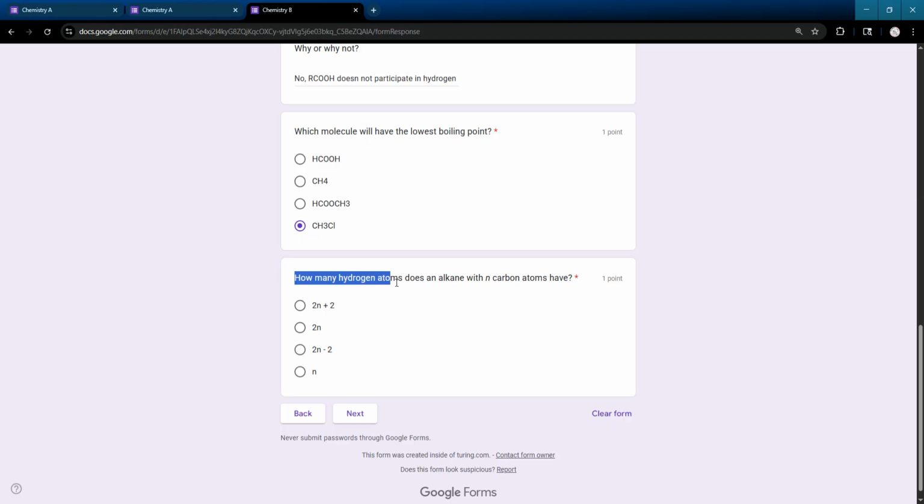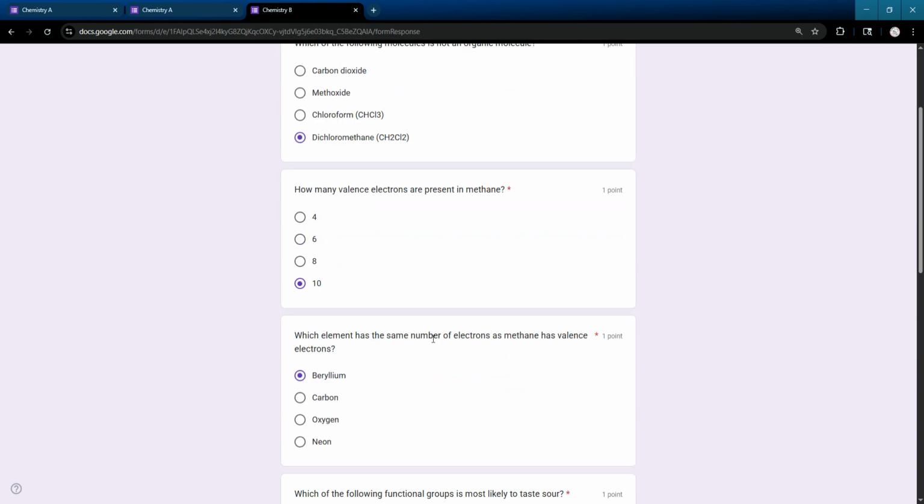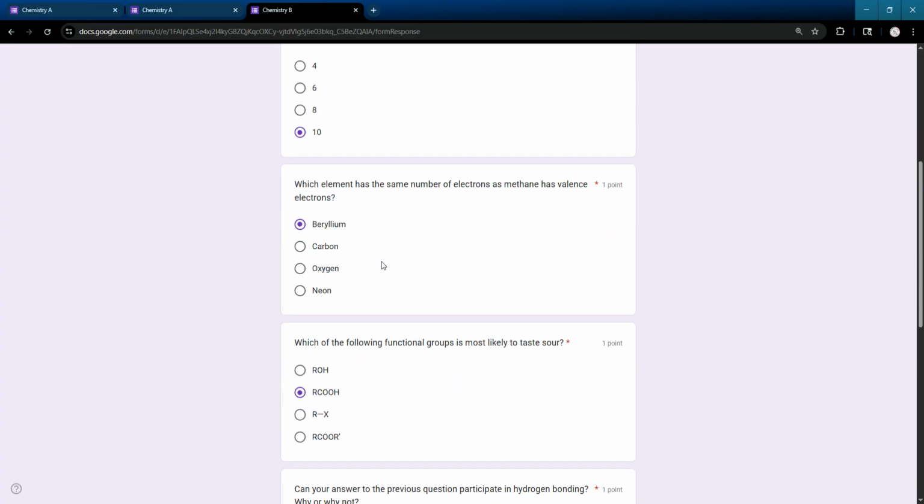How many hydrogen atoms does an alkane with n carbon atoms have? Two times. Yeah, all the numbers that I've studied on Google are different.